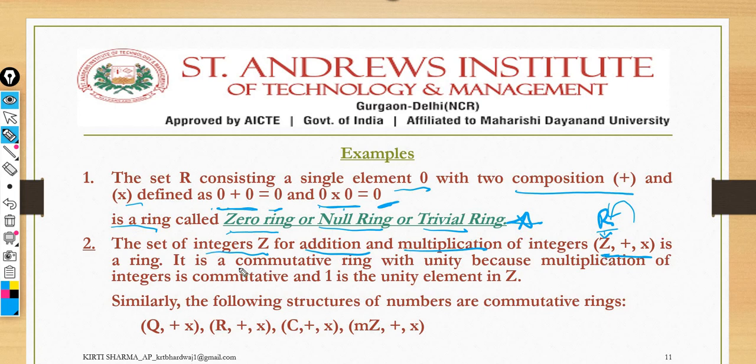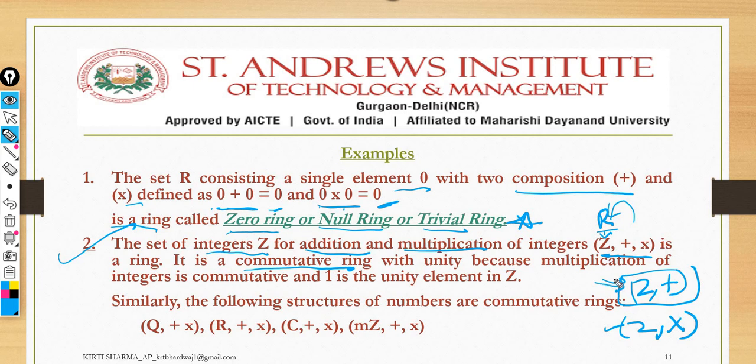It's a ring, and if it is commutative, it is a commutative ring. I'm stating it directly here: it's a commutative ring, because on integers, under plus, it satisfies the abelian group conditions, and under multiplication it's a semigroup. You can cross-check this because it's already covered in previous lectures.